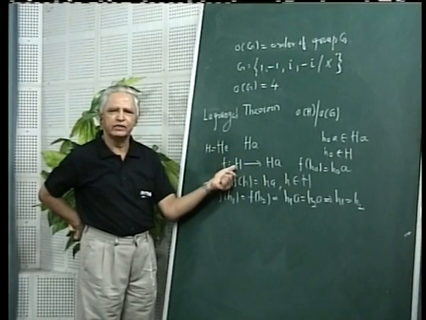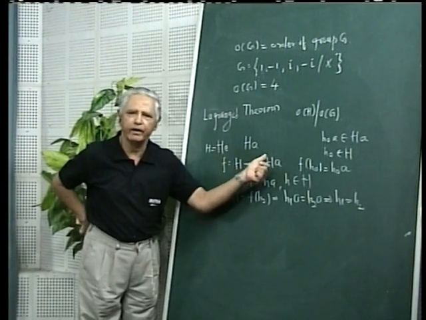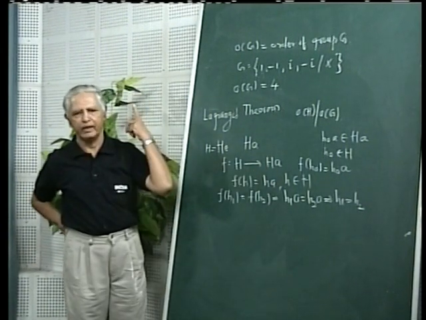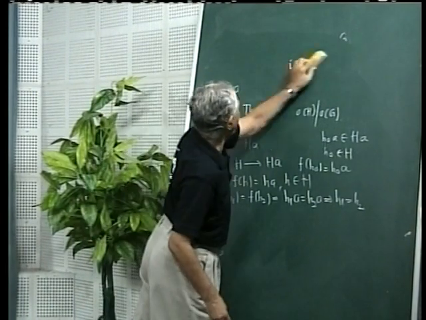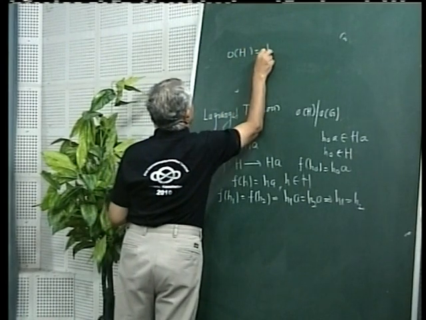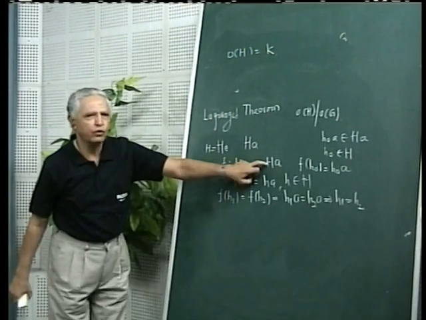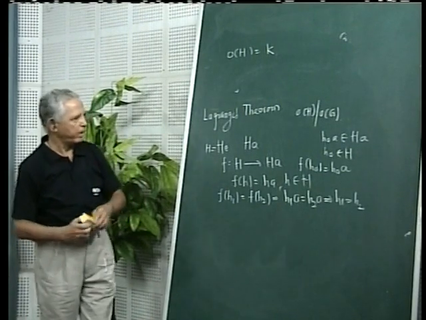H is a finite set, and that implies HA is also a finite set, and they have the same number of elements. So if we assume that the number of elements in H is k, then each right coset HA also contains k elements. Alright.